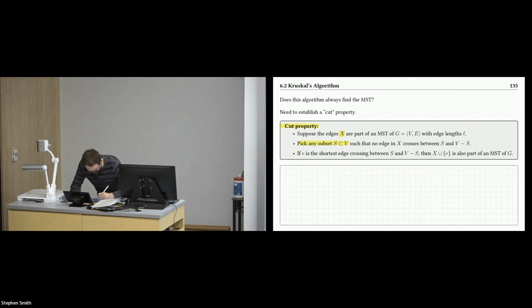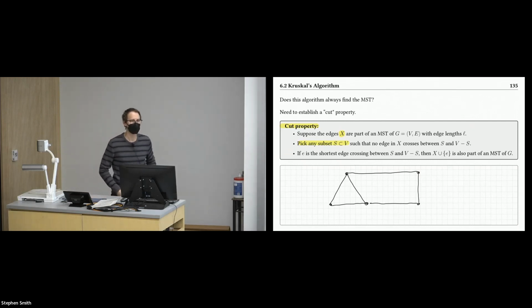Let's say that I have a graph. And let's just say the edge lengths are the length of the line that I've drawn on the paper. And let's say my partial solution is this edge and this edge.